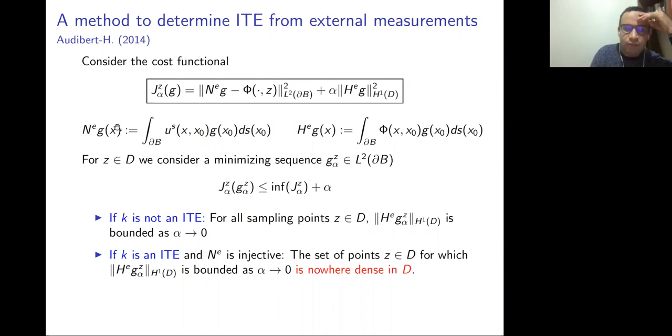So the idea is the following. In fact, it is inspired by this limiting process to build invisibility.